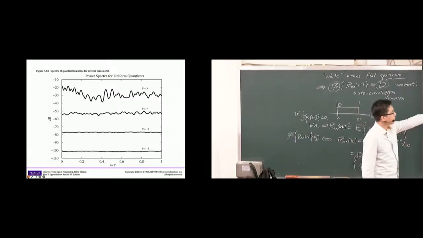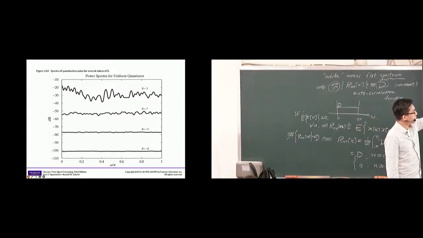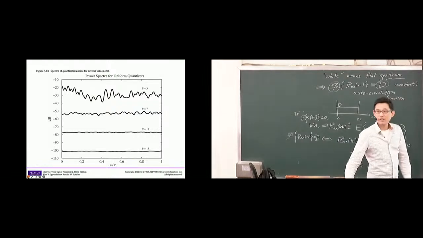You see that with b equals 3, it's not that flat. If my student told me, teacher, I obtained a white spectrum here, I'd say no, it doesn't look so white. It's just not so flat.